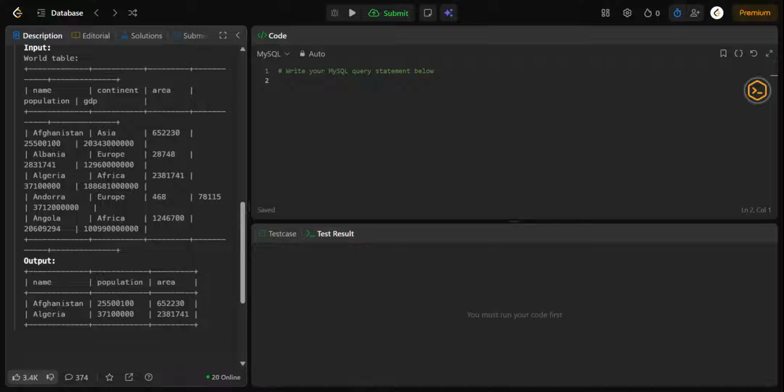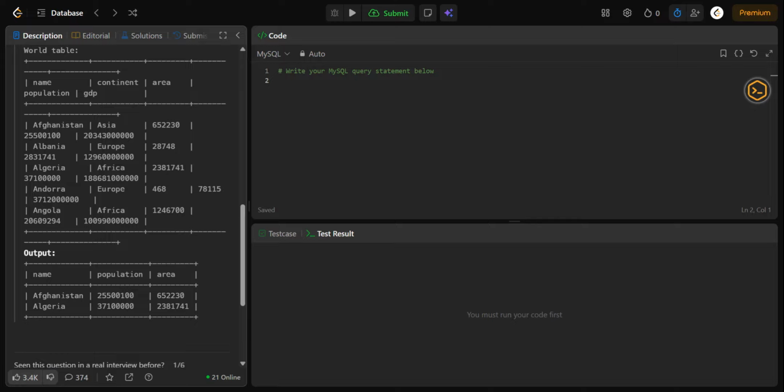Is the population greater than or equal to 25 million? No, the condition is false. Because both conditions are false, there is no need to add it to our final answer.